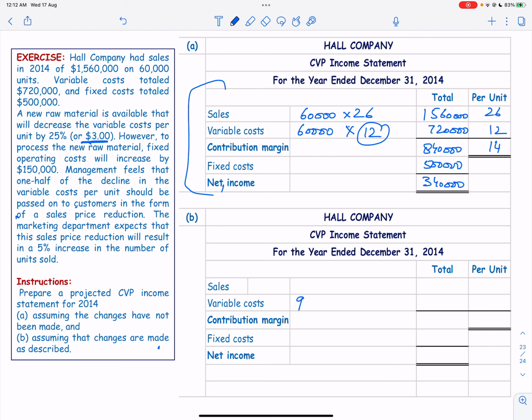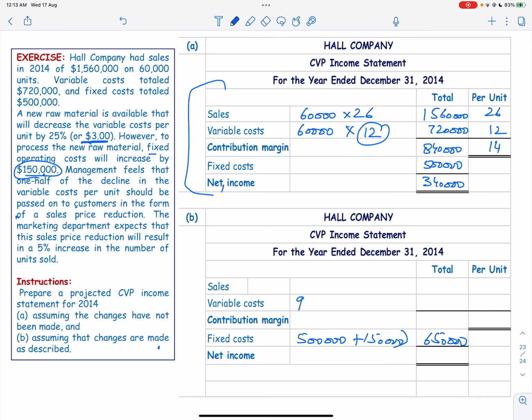The fixed operating cost will increase by 150,000. So we have the fixed cost of 500,000. It will increase by 150,000, that makes 650,000.